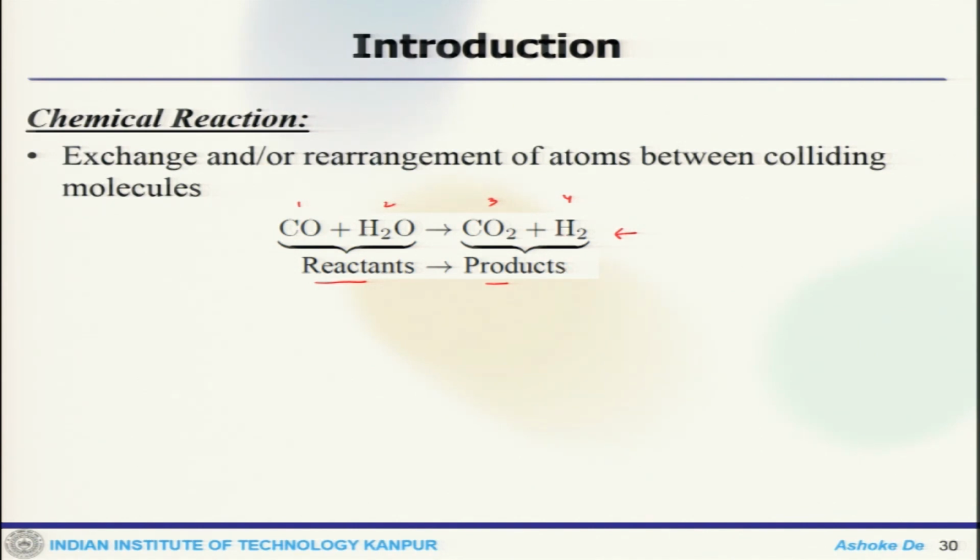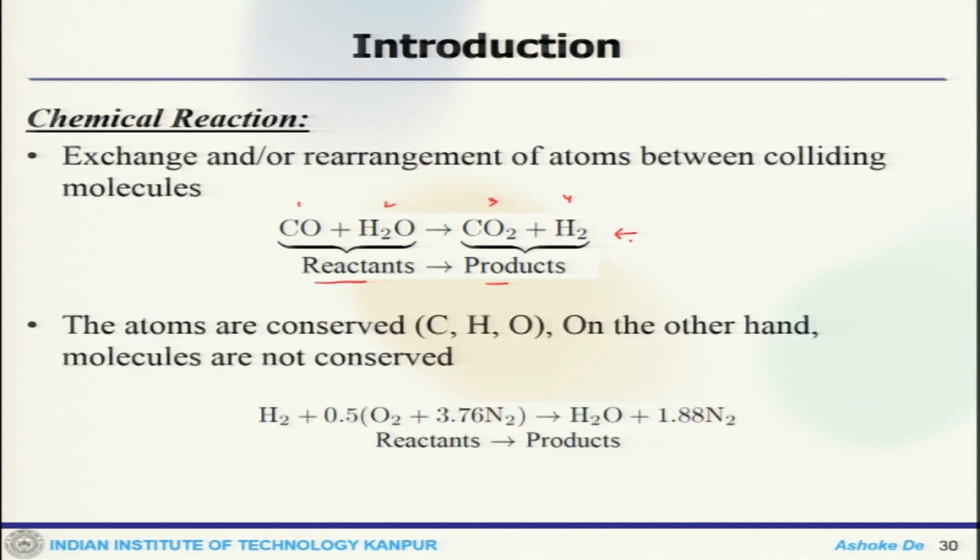When this kind of chemical reaction takes place, it is a rearrangement of atoms between colliding molecules. If you look at both sides of this equation, your atoms are maintained or balanced. So, the atoms are conserved, at the same time molecules are not conserved.